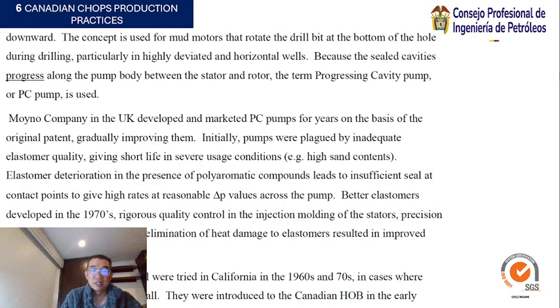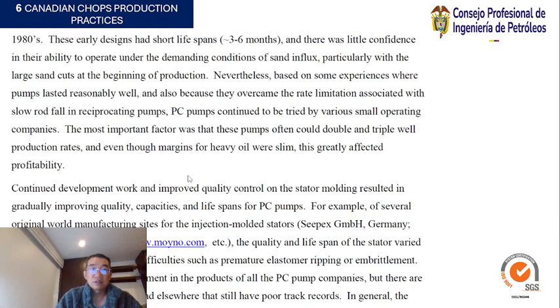In cases where sand content was extremely small, they were introduced to the Canada HOB in the early 1980s. These early designs had short lifespans, and there was little confidence in their ability to operate under the demanding conditions of sand influx, particularly with large sand cuts and at the beginning of production.